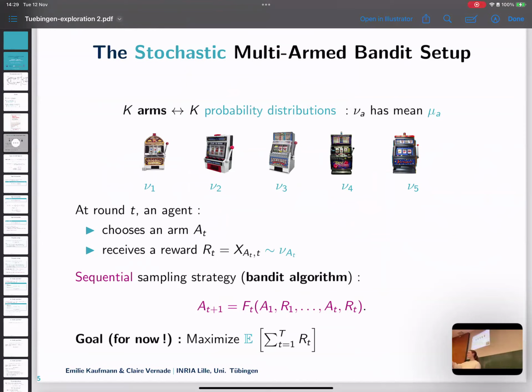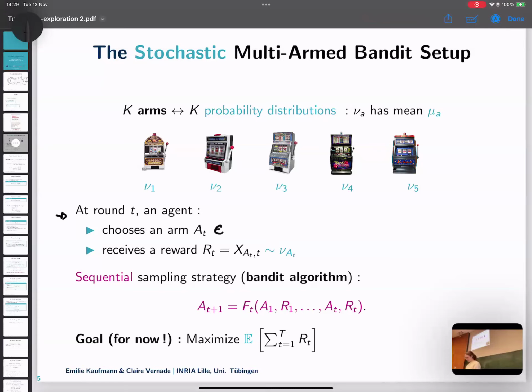When you pull the arm of a machine, it creates a random variable, which is essentially whether you win or not. So we can model it as a binary or Bernoulli random variable, but it can be another random variable. These arms are going to be your actions. At every time t in my learning process, I will be able to pull an arm.